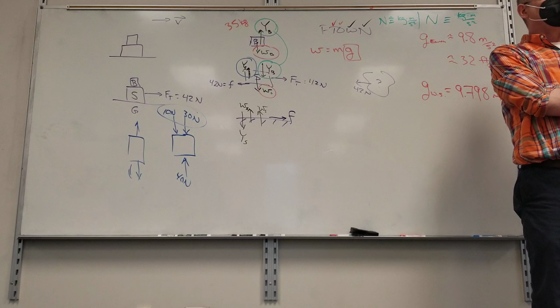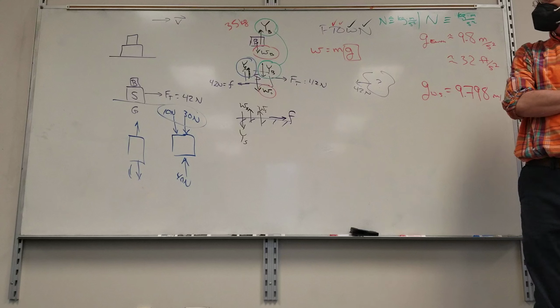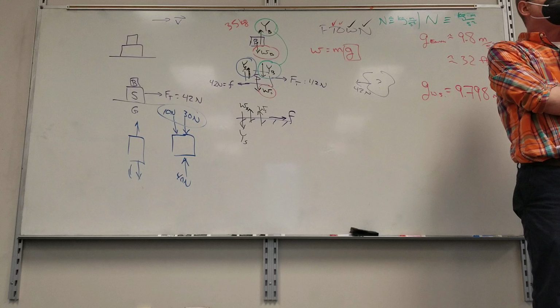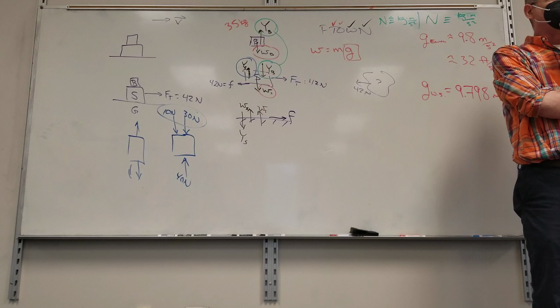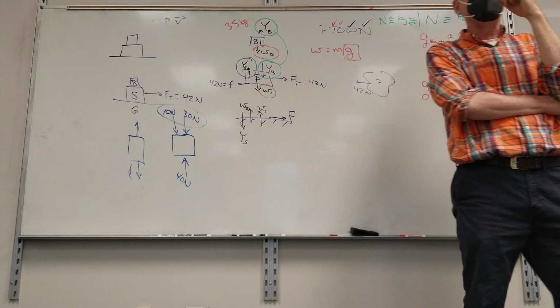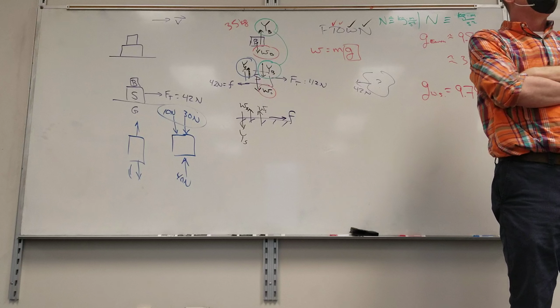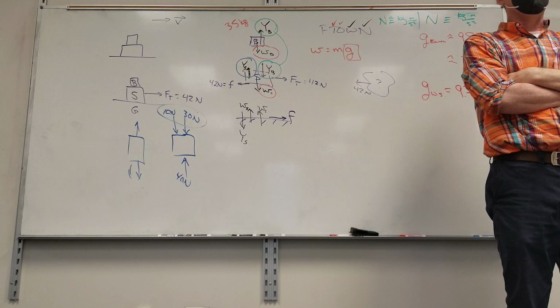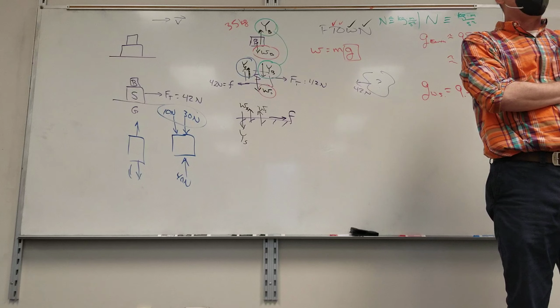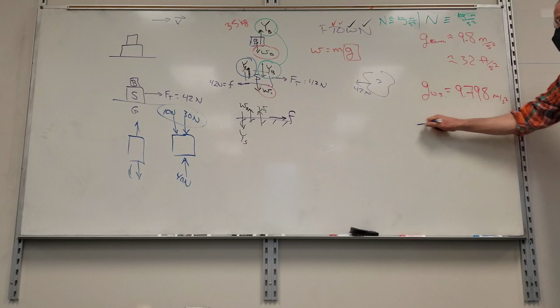Sorry about that. We got 2 down, 1 up, 1 to the right, 1 to the left. Or from your point of view, 1 to the right, 1 to the left. 0. Yes. How do we know it's 0? Because it's an equilibrium. Yes. Once you've established equilibrium, there are 3 things that are true if in equilibrium.